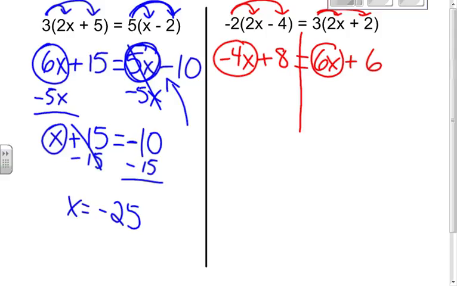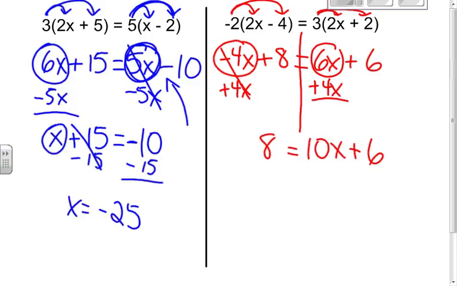So the smaller variable is obviously the negative 4x. In order to move negative 4x from here to the other side of the equation, I need to do inverse operations. So I do plus 4x. 8 equals 10x plus 6.